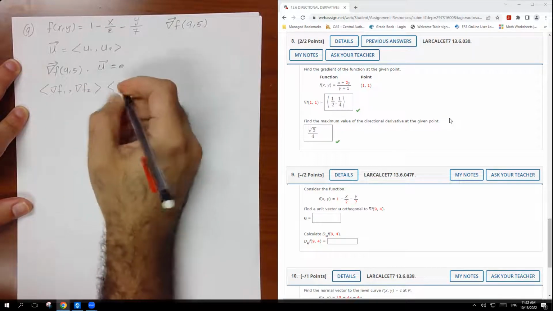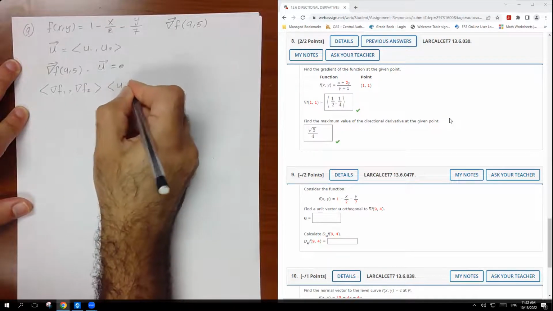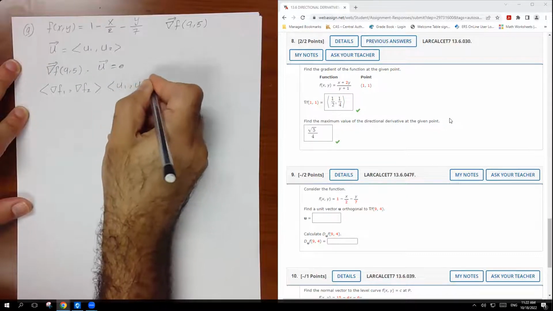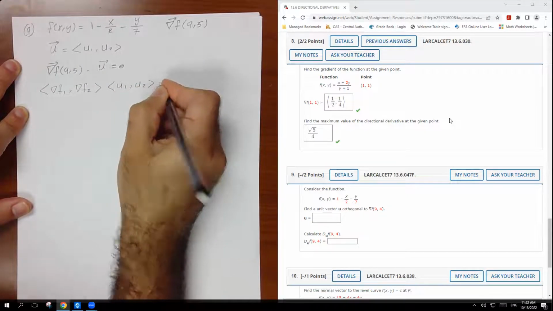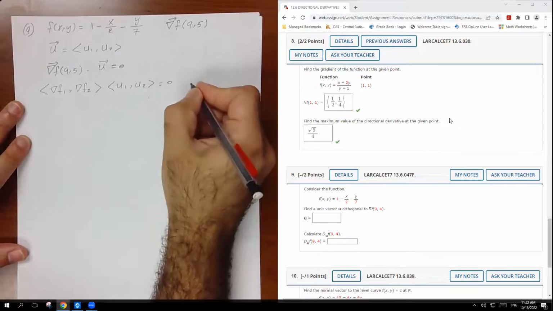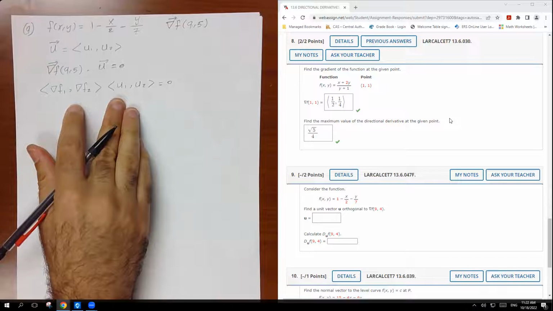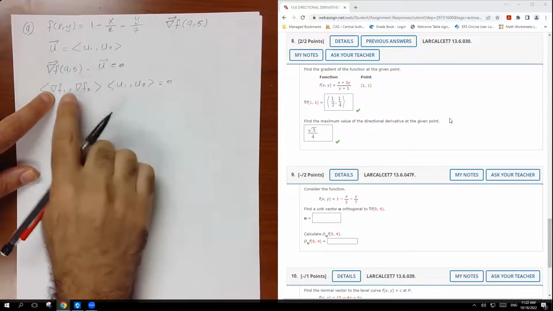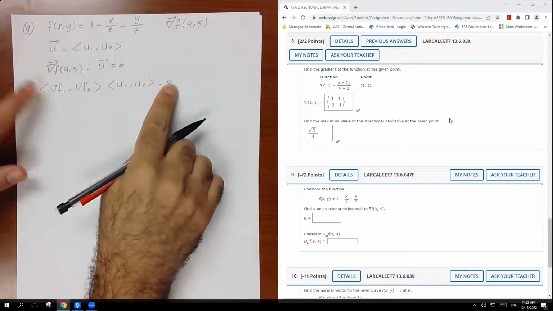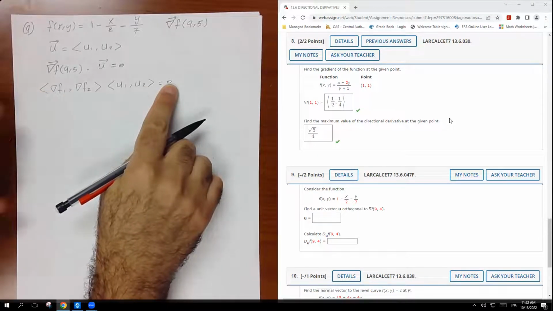times the unit vector, which is u1 and u2, is going to be equal to 0. From this one, we're going to get equations. It's a dot product, so this one times this one plus this one times this one is going to be the first equation.